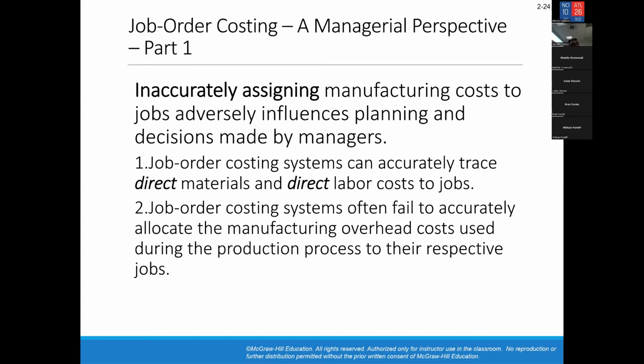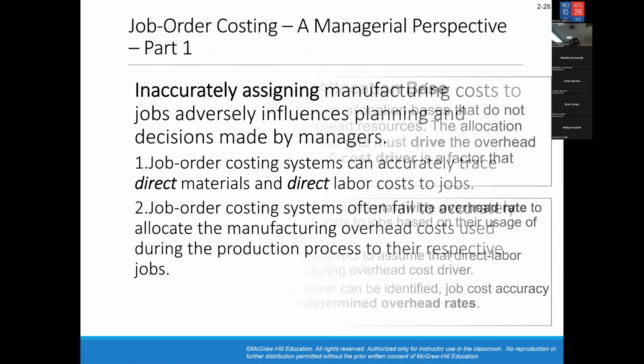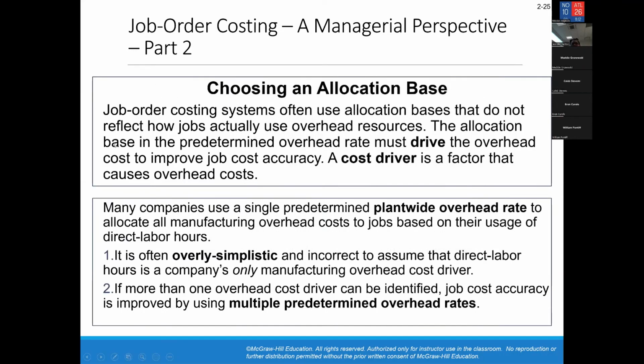If it's not really close to how you should do it, then maybe you're not getting the right numbers. So you have to look at that, depending on where you are and what type of business it is, in order to make decisions and figure out what's best. So there are some issues with job order costing when you have to allocate manufacturing costs like that.